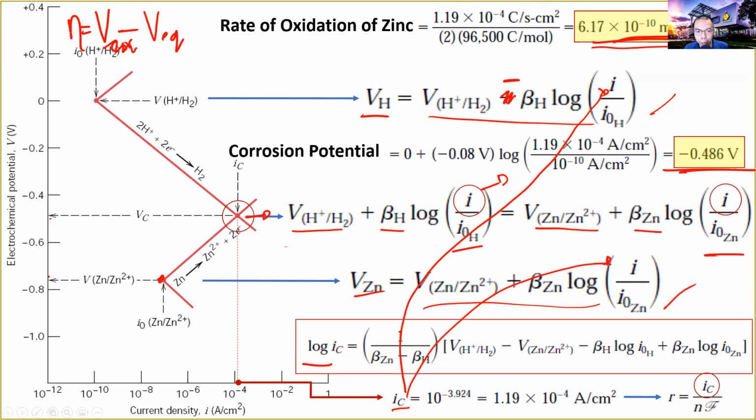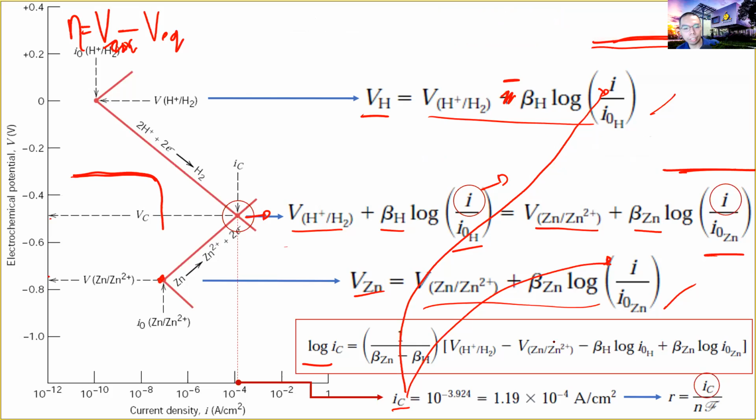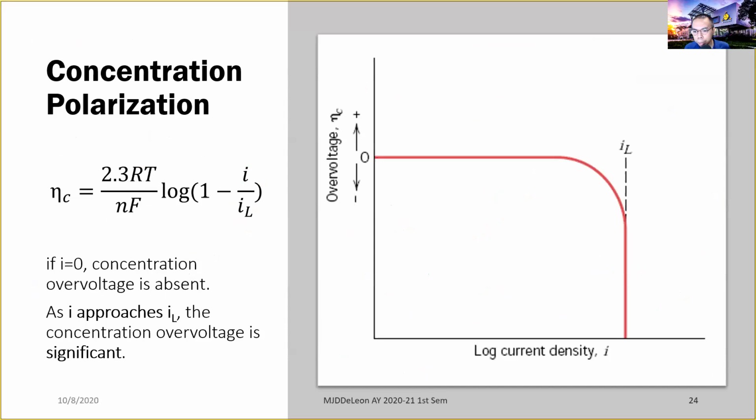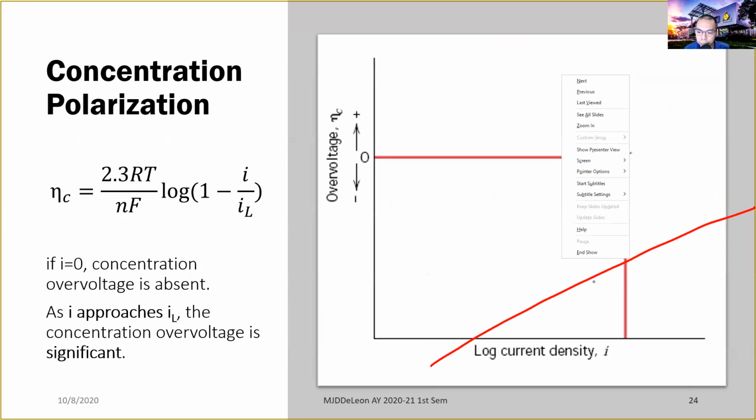For concentration polarization, it usually looks like this, right? You can erase it. Let's go back. So, for concentration polarization, let's say it looks like this. We can get the V-core where it intersects with this one.